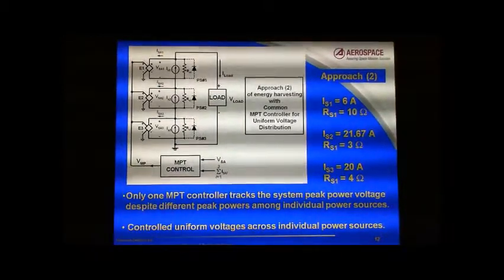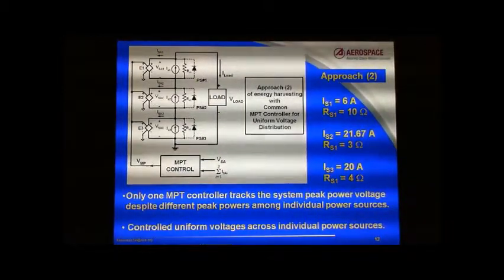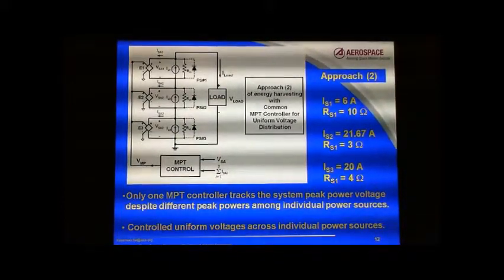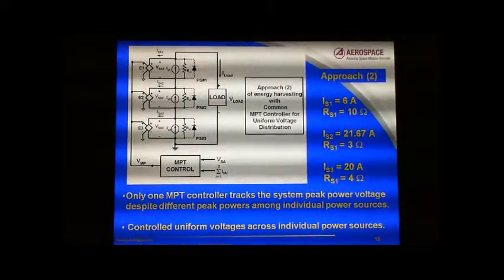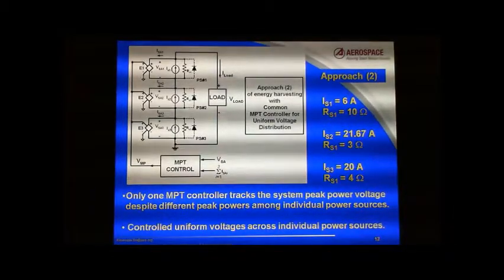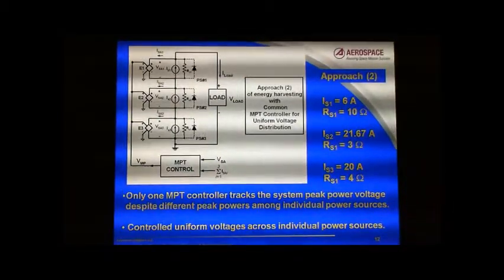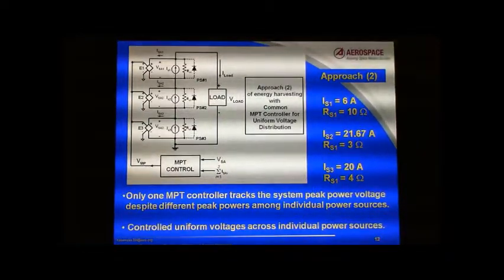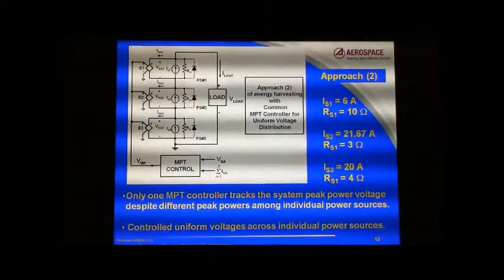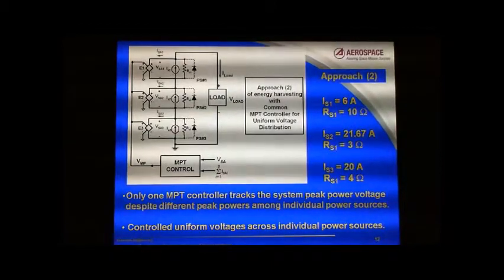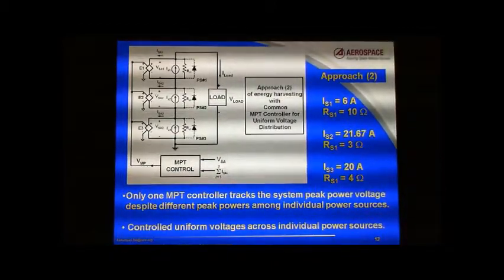In this approach, the excess amount of power is parallel processed by the DC-DC converter that is programmed to have the uniform voltage sinks across each power source.